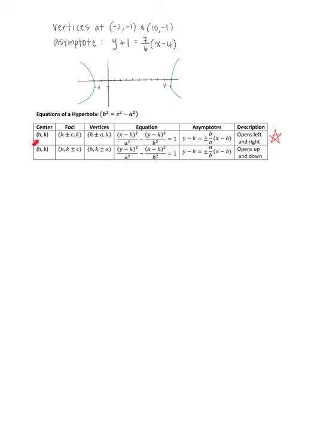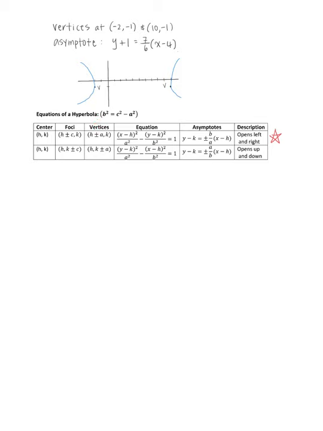The center is (h, k), the foci are at (h plus or minus c, k), and the vertices are at (h plus or minus a, k). So we need to find h and k, and c and a. Then we should be able to find b as well, because here's the equation to find the value of b.